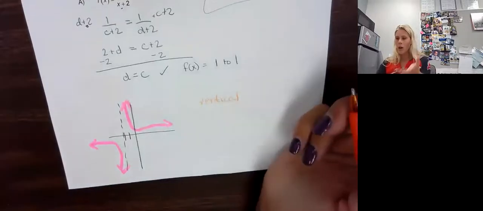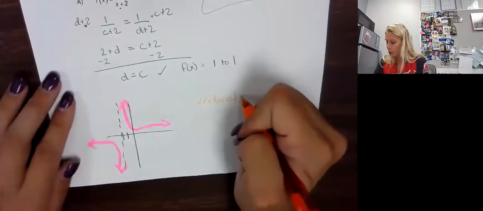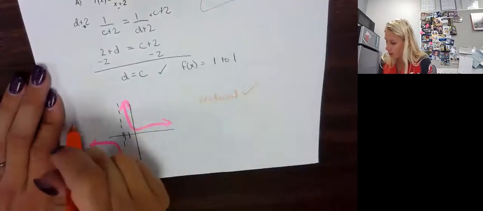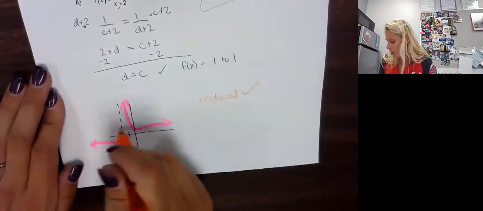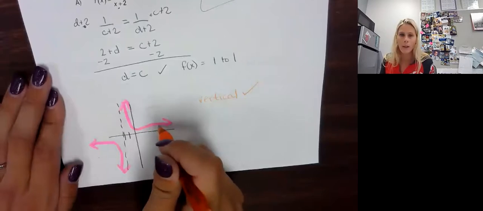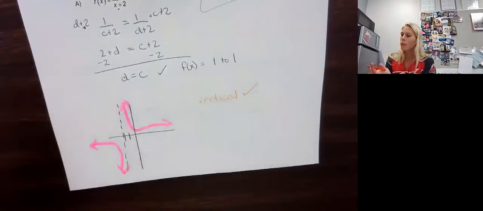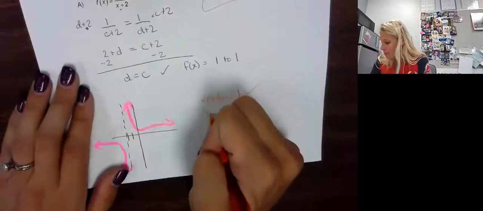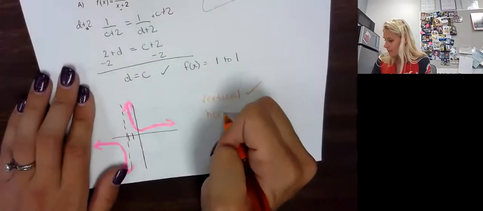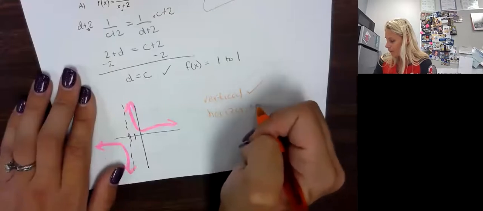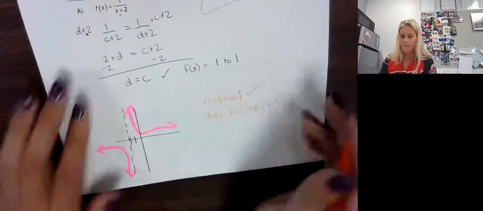Now we know that because we said f is a function, so it better pass it. Now we've got to see if we do the horizontal. So if I start doing horizontal lines, now according to my graph, it looks like it would cross multiple times. But remember, there's that slight angle to the curve, so it does pass the horizontal. So that is why it's a 1-to-1 function. Okay.